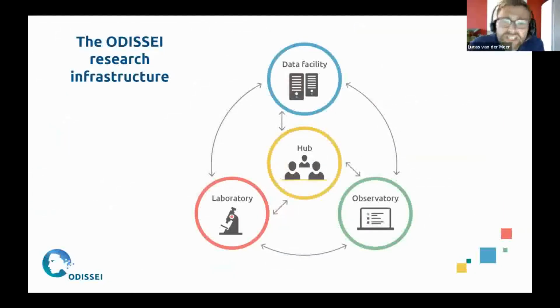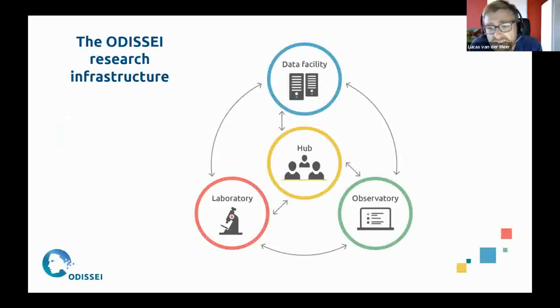What is a research infrastructure? Ours consists of four components. Starting at the bottom right, in green is the observatory, where we collect and coordinate fieldwork in the Netherlands, and also the Dutch parts of European surveys, like the European Social Survey.